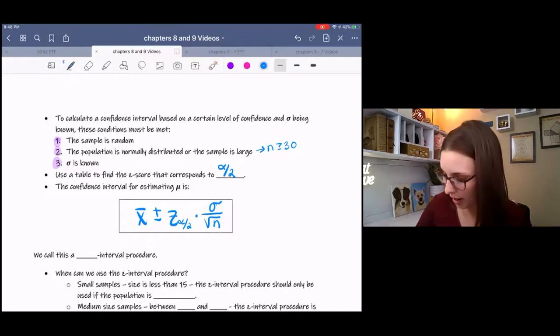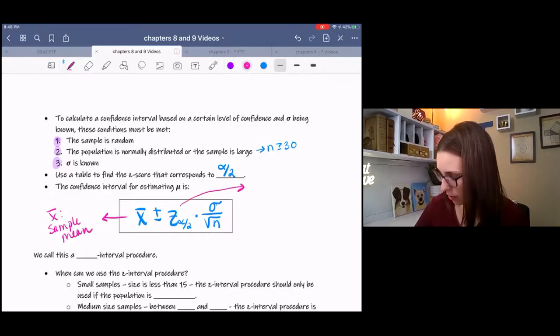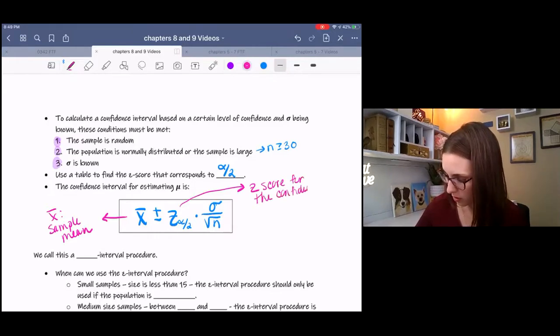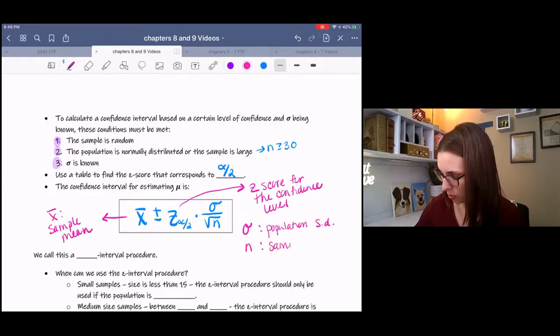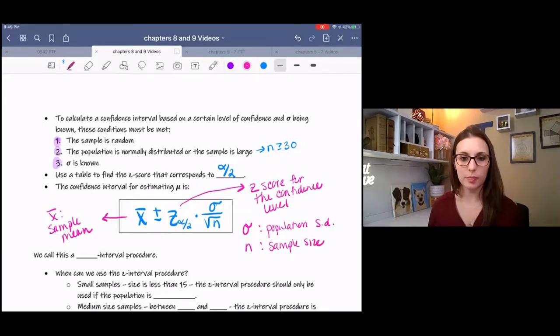So you might want to write that out. X bar is the sample mean. Z sub alpha over 2 is the z-score for the confidence level. Sigma is the population standard deviation, and N is the sample size.